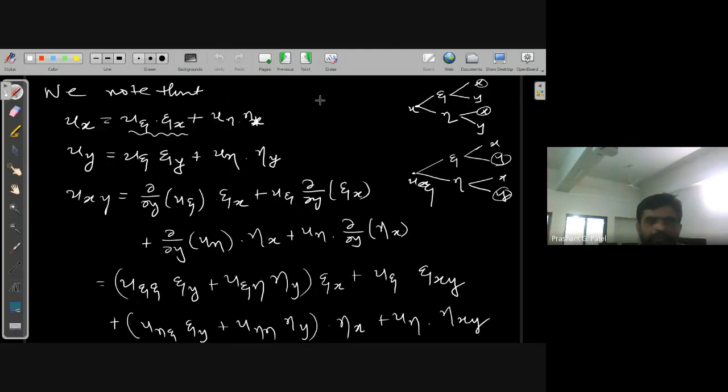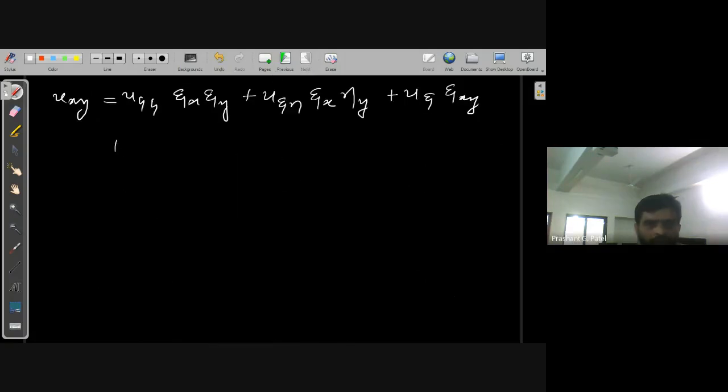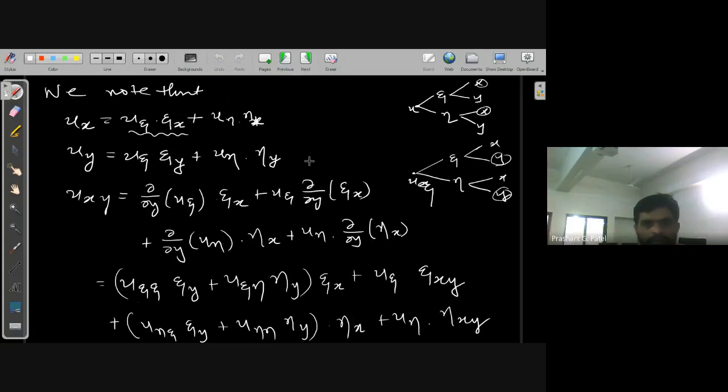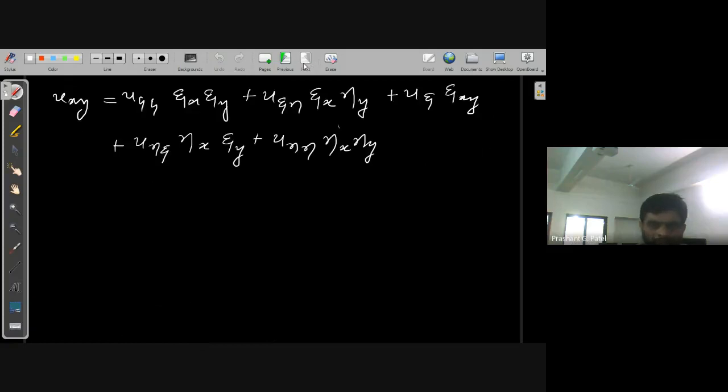Now if you multiply this, it is u eta eta eta x eta y, plus u eta eta x eta y, that is this eta x will multiply to here, and the last quantity is u eta xy. So this quantity is u xy.